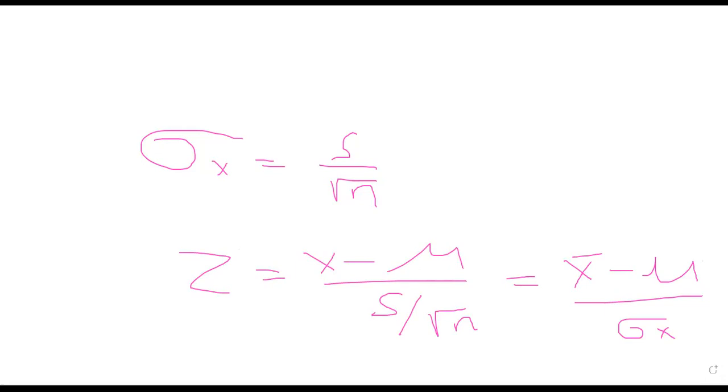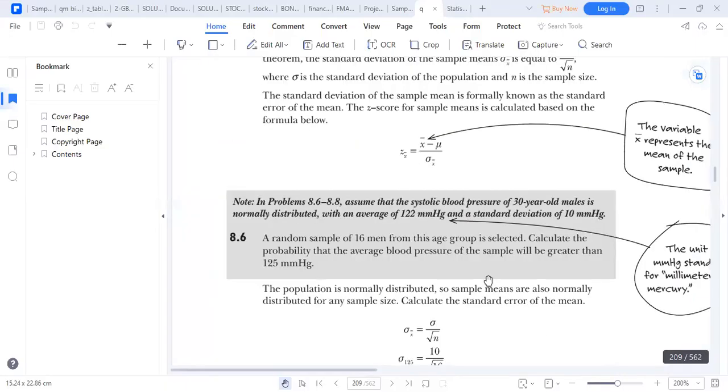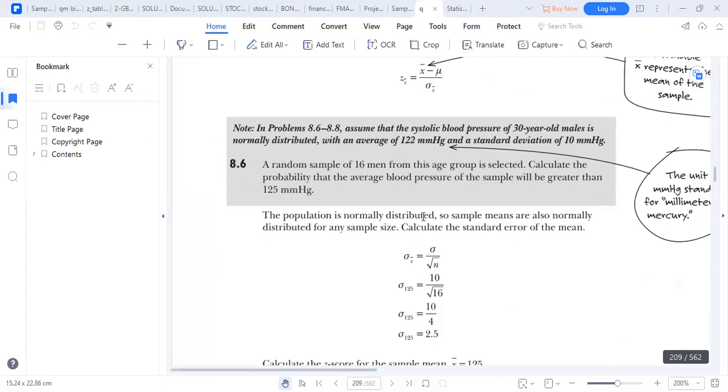Okay, so let's learn how to calculate the standard error with notable examples. So here we're given a sample of 16 men who are selected in an age group. And we are told that the probability that the average blood pressure of this sample will be greater than 250 millimeters.